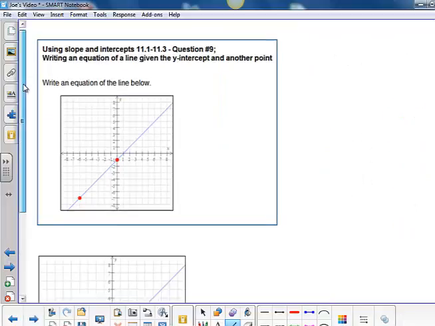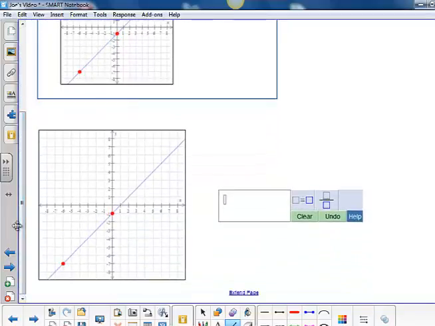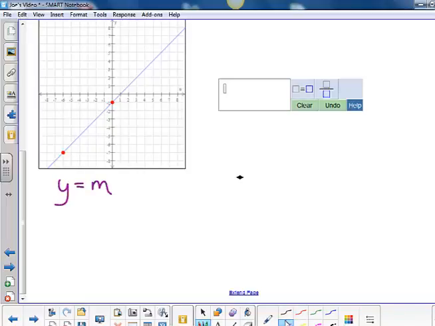Okay. Number 9 you also struggled with a little bit, it looks like. You're going to use the slope and the intercepts to write an equation. So let's do that, okay? So remember that I can write an equation in slope-intercept form: y equals mx plus b. All right.